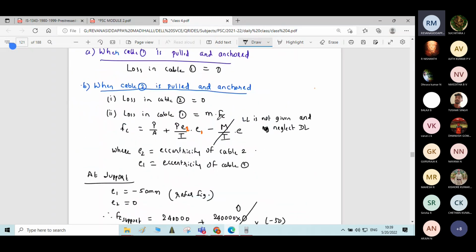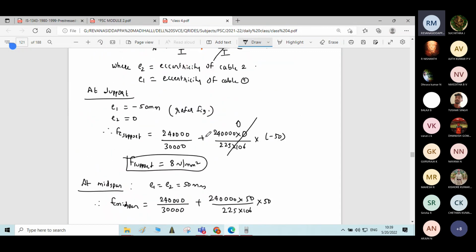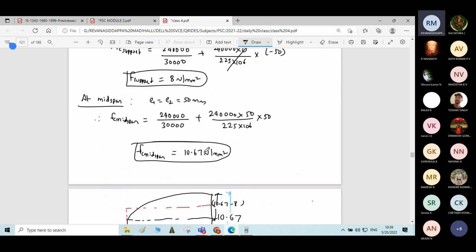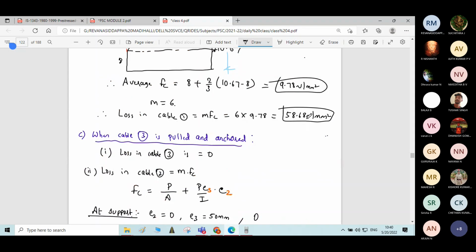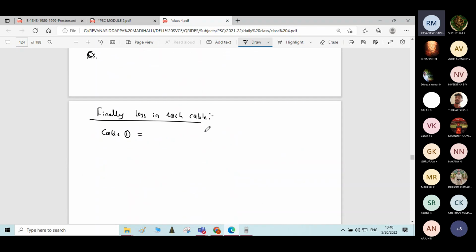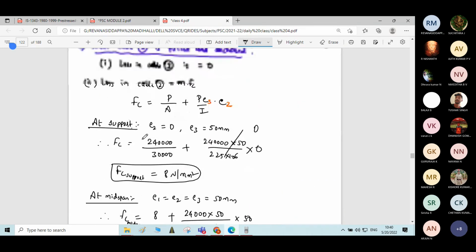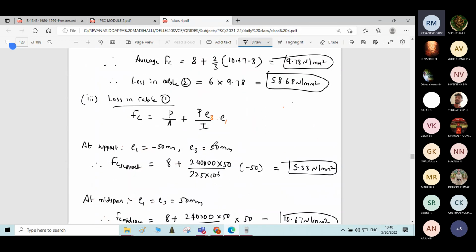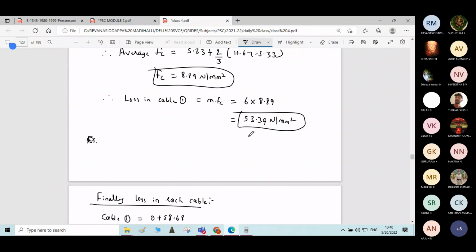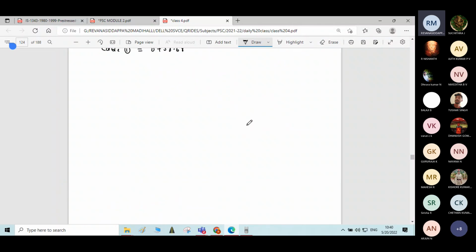When cable 2 is pulled and anchored, loss in cable 1 is 58.68. And similarly, when cable 3 is pulled and anchored, loss in cable 1 is 53.34, plus 53.34.